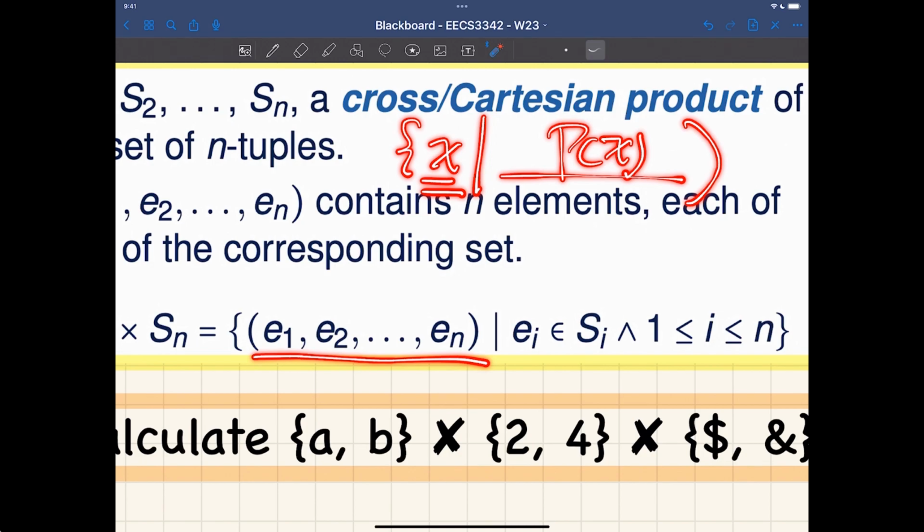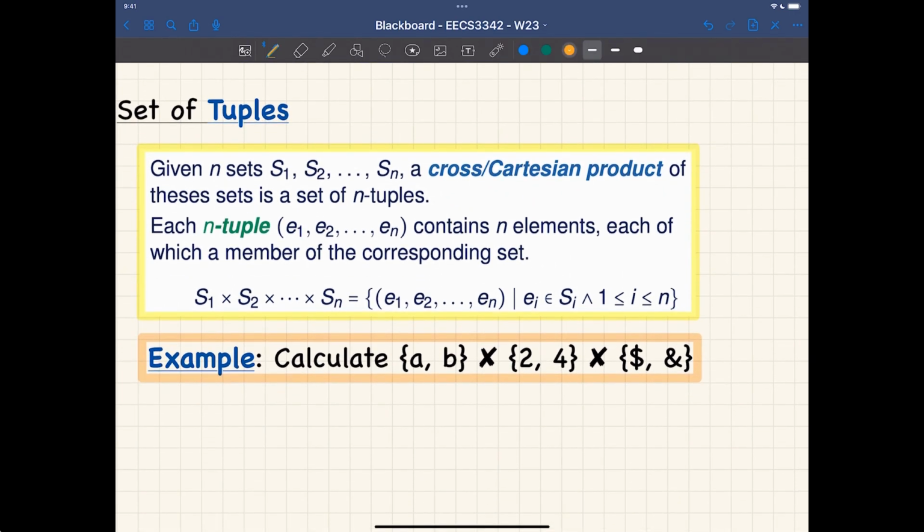You want to remember the left-hand side for the set comprehension. When I say left-hand side, I mean the left-hand side of the vertical bar. This one really specifies the structure of each member in the resulting set.